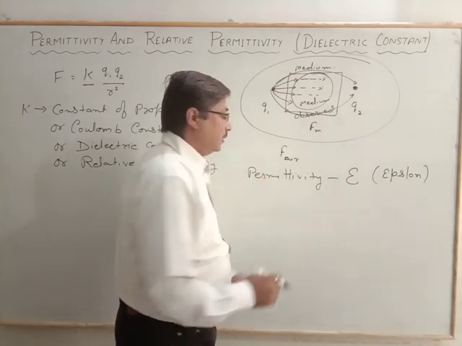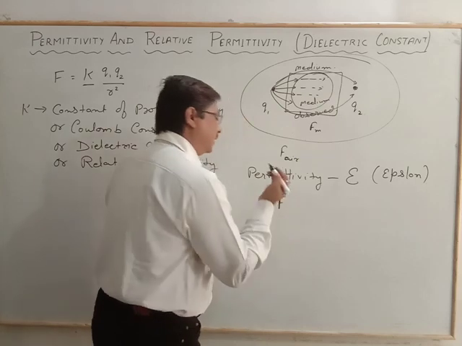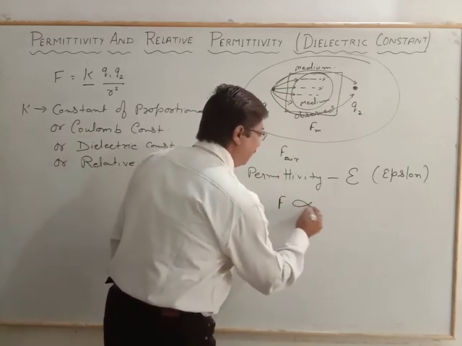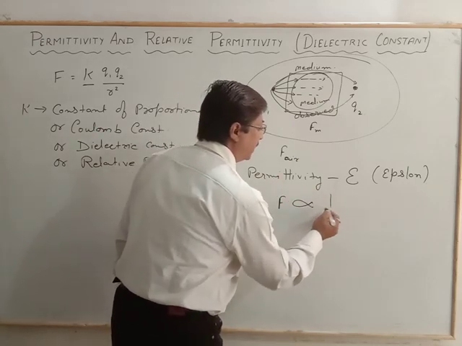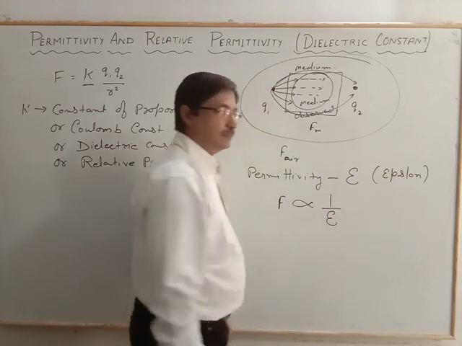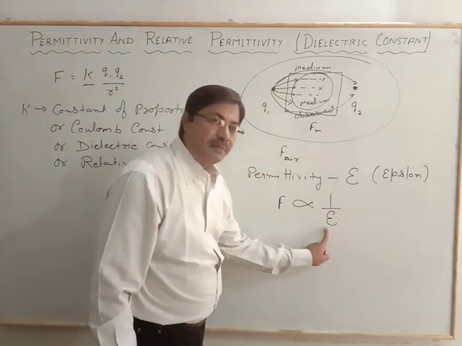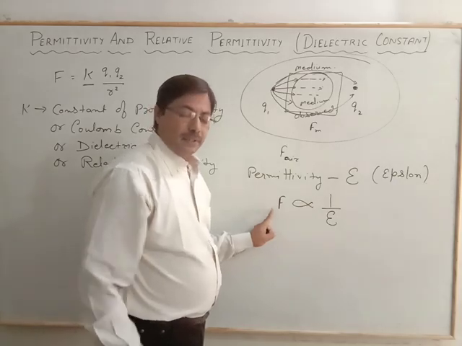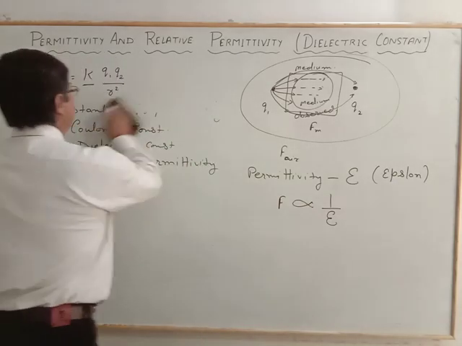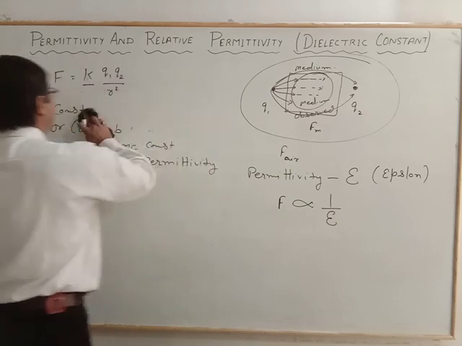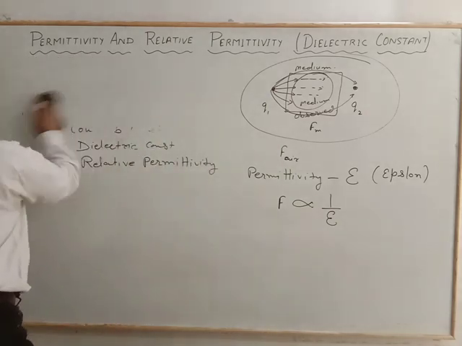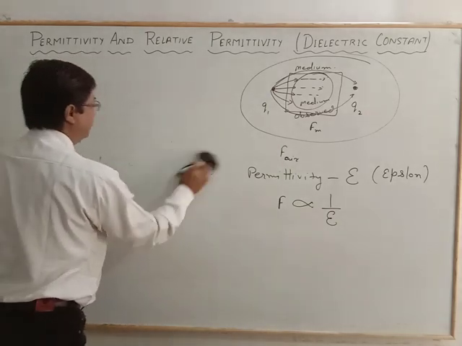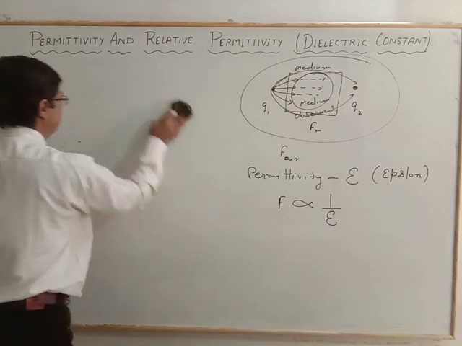The force is greatly affected by epsilon. That means if epsilon increases, the force will decrease. Now we must understand the absolute value of the permittivity. What is the absolute permittivity?